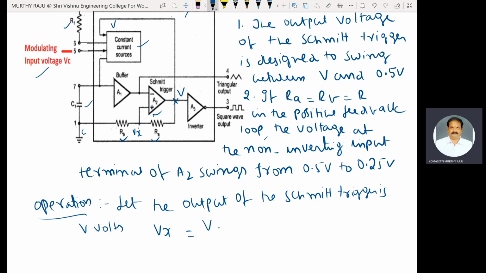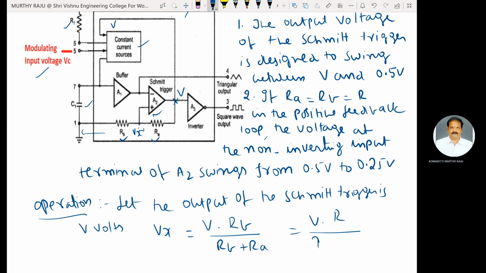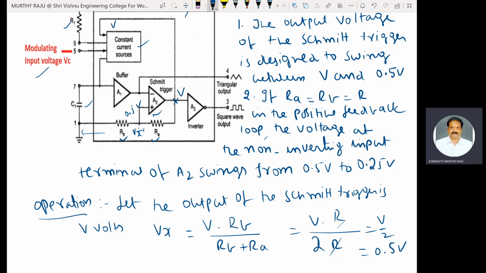Vx with respect to ground is equal to the total voltage applied to this feedback loop, V, times RB by RB plus RA. RB and RA are equal to R, equal resistances, so that is equal to V by 2. This is 0.5 V.